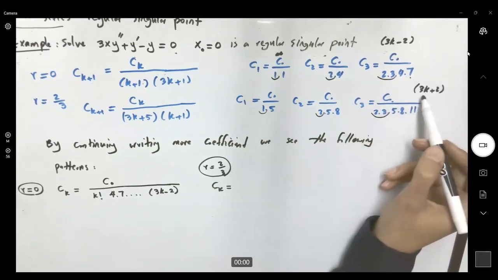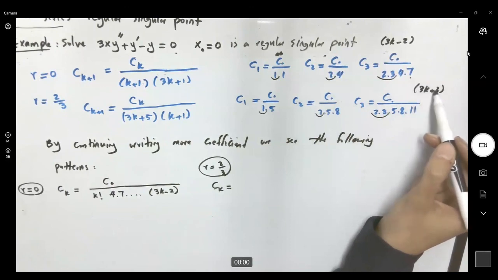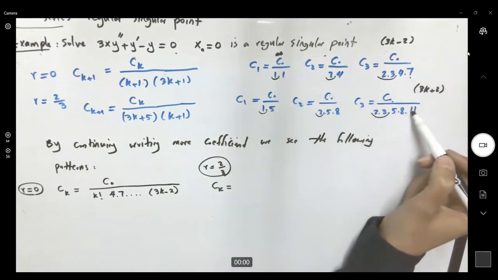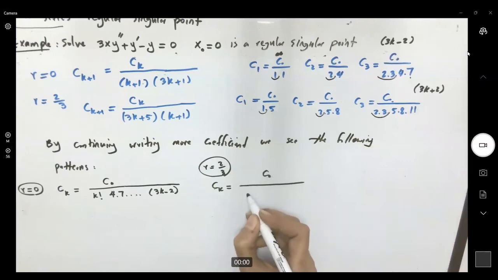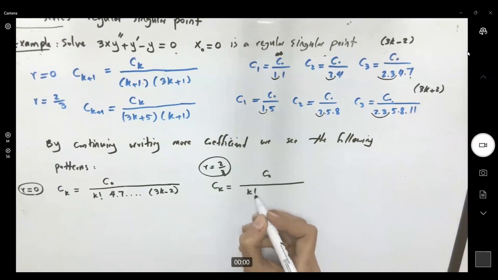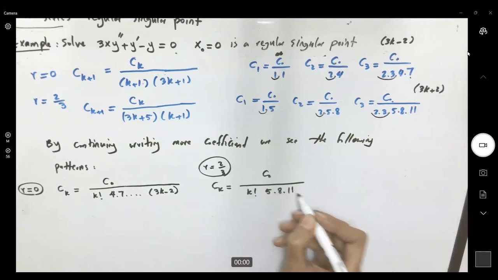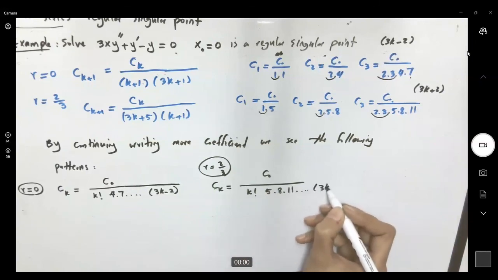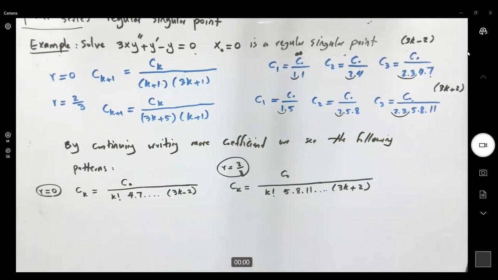Let's double check. If K is equal to 1, I get 5 back. If K is equal to 2, I get 6 plus 2, 8 back. If K is equal to 3, I get 11 back. So I have the following case: C sub 0 divided by K factorial multiplied by 5 times 8 times 11 times 3K plus 2.